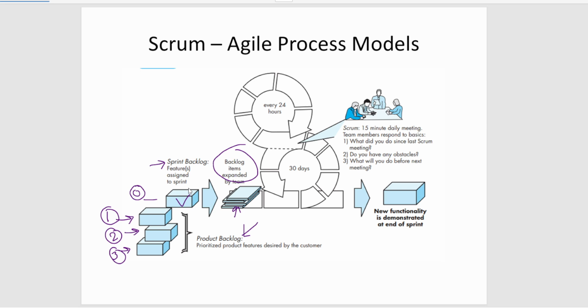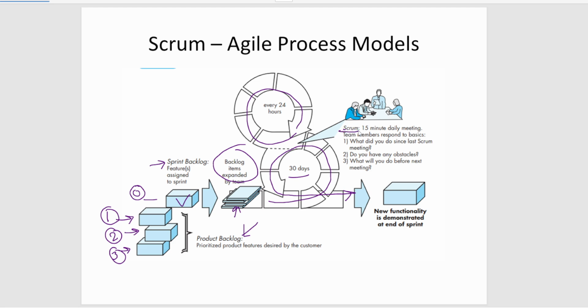Somebody is working on item A, another team on item B, another person on item C. But you only have 30 days in which to develop the complete sprint and a particular feature. And within these 30 days you have 24 hours to work on certain jobs. 30 days and 24 hours is the maximum limit for a single sprint. In this time, you have something called a scrum meeting.